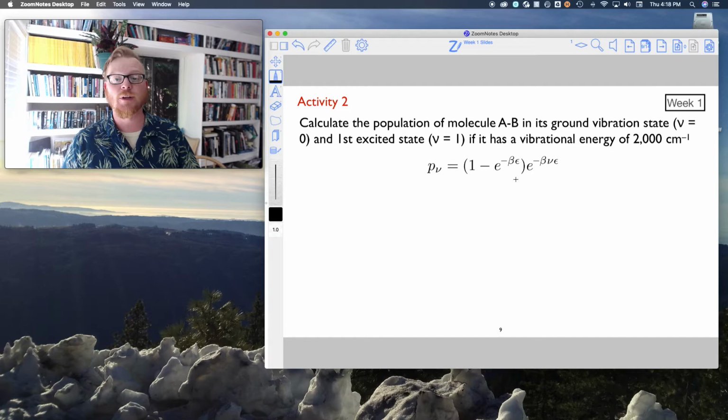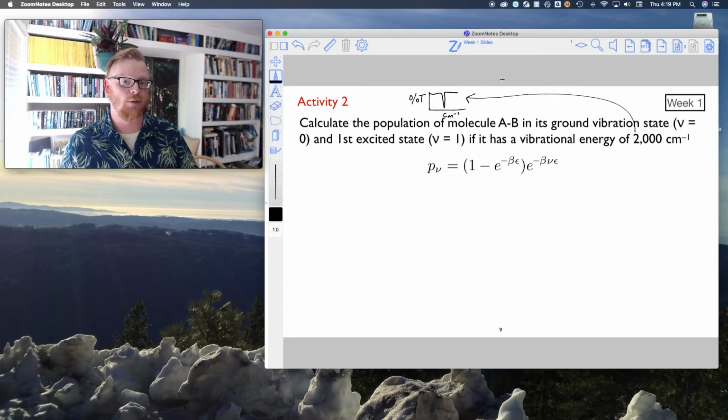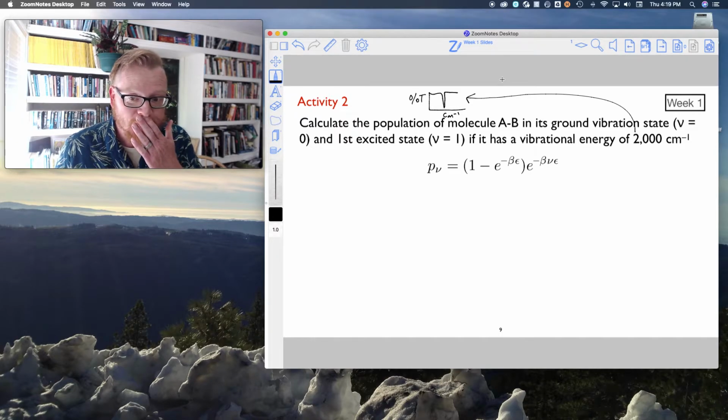That means if we were looking at an infrared spectrum, with wave number on this axis and percent transmittance on this axis, we would see a peak corresponding to 2,000 wave number. So what is a population of states?